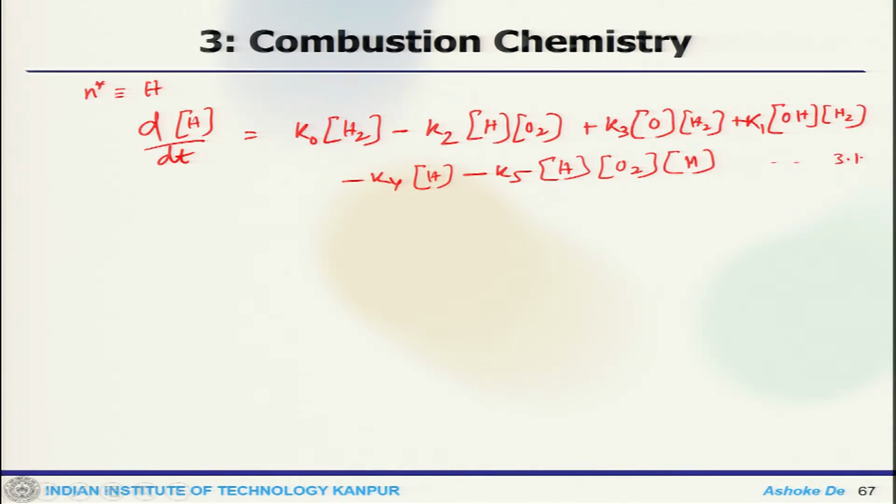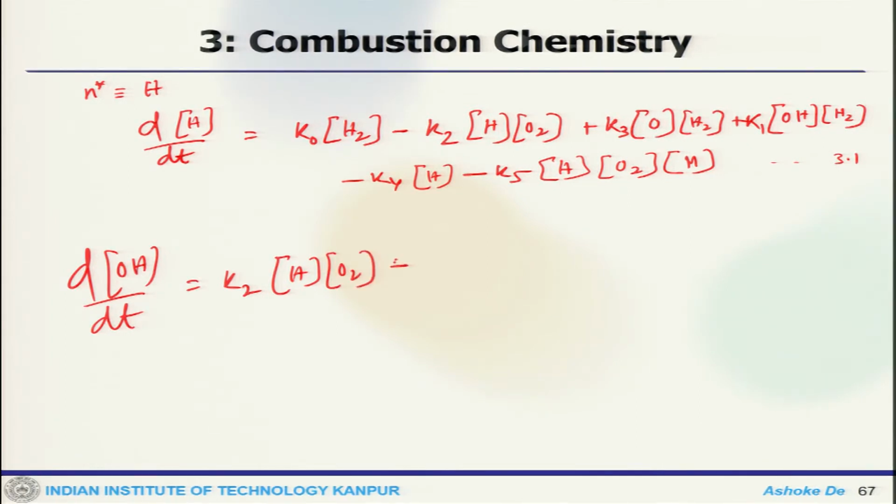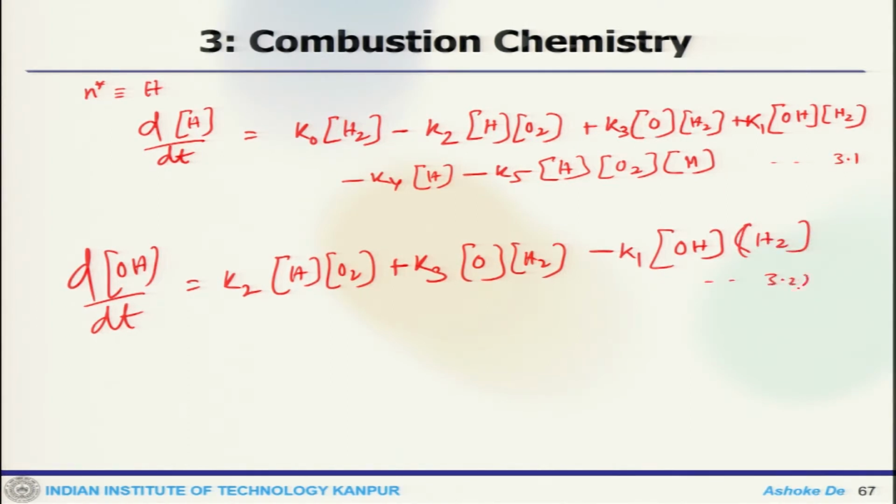Now, for the other free radical species, one can find d[OH]/dt also. Similarly, this would be k2 H O2, plus k3 O H2, minus k1 OH H2, which is your second step of the reaction.